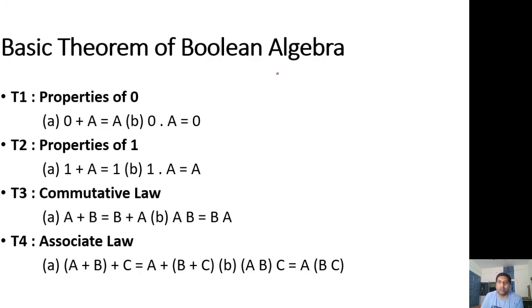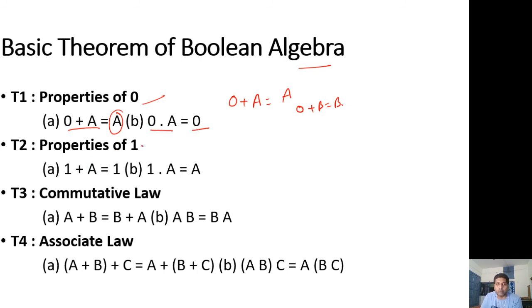Now basic theorems of Boolean algebra. The first property is properties of 0. 0 को किसी भी नंबर में ऐड करेंगे तो हमारा सेम एज इट इज रहेगा, यानी 0 plus suppose variable A is equal to A, 0 plus variable B is equal to B. Second, अगर हम लोग 0 से किसी वेरिएबल को मल्टीप्लाई करेंगे तो हमारा आउटपुट 0 रहेगा.